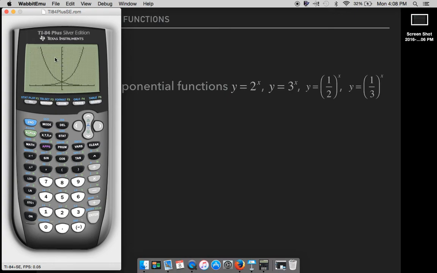So let's look at the graph one more time. When your b value is a fraction, each time you move one unit, you're going to take half of the previous y values. So what does that mean for us if we have 1/3?